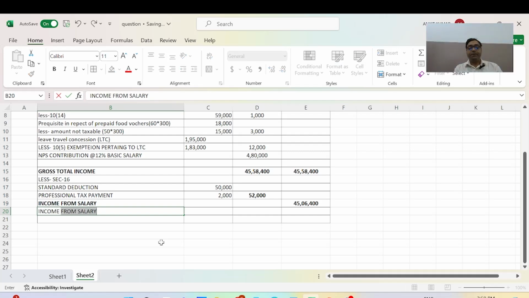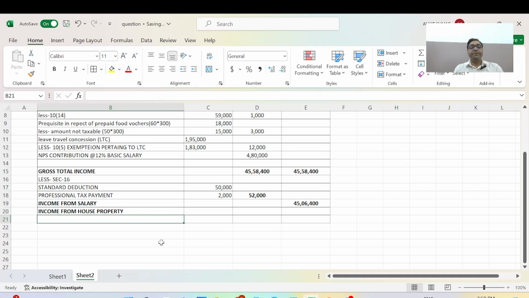Income from house property, because Dr. Manish has three house properties as per the information given in the question.